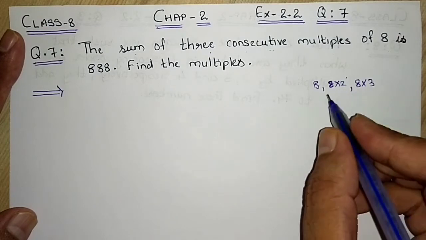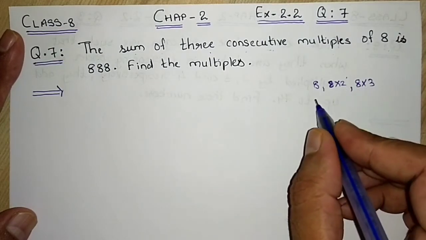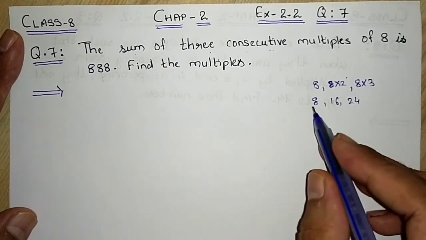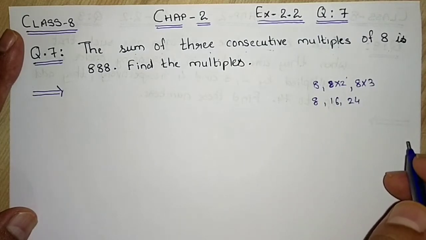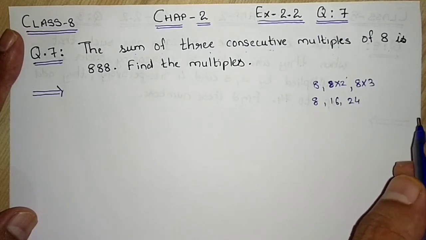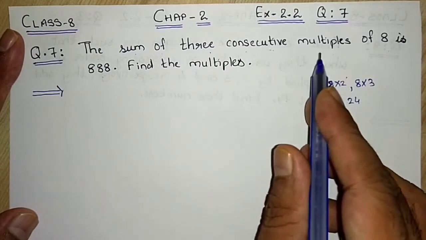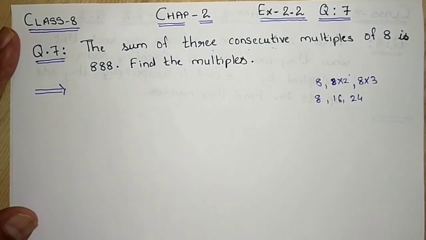That means they are multiples and in succession, that is 8, 16 and 24. They are in 8's table and they are in successive manner, that is one after the other. Here we don't know what those consecutive multiples of 8 are. But we know how to write consecutives, right?